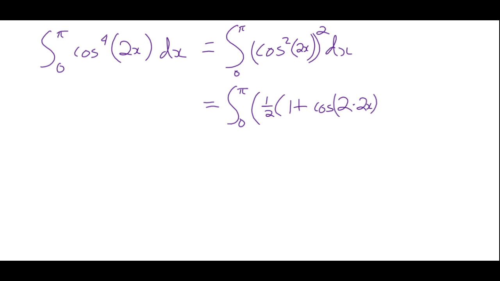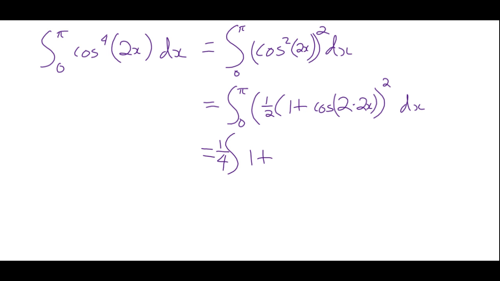It's double this, and that's squared. Which is, well, if we square the half, we're going to get a 1/4, right? And it's a constant, so I'm just going to move it out front. 1/4, that's that half squared. If we square this, we get 1.